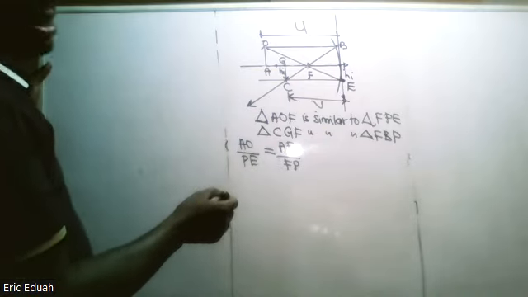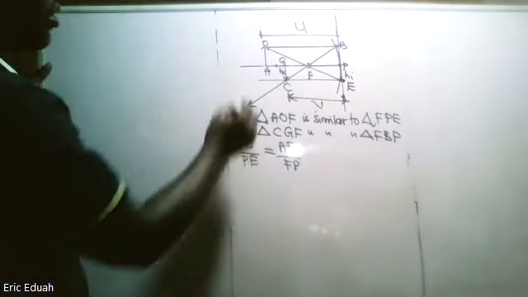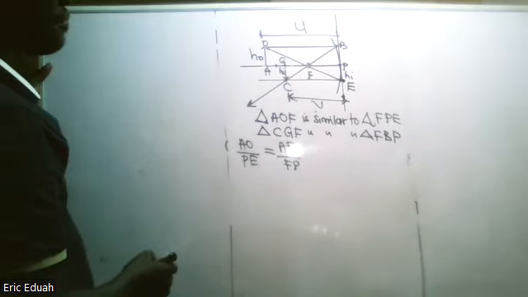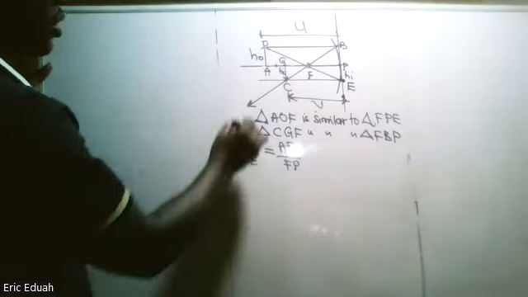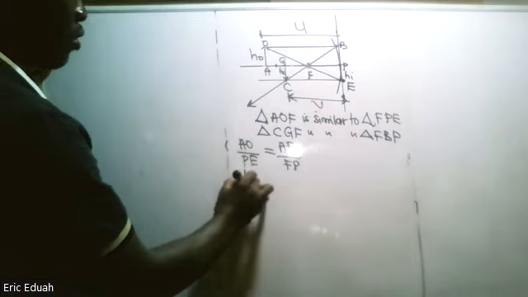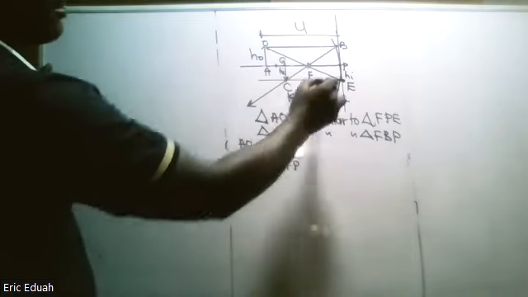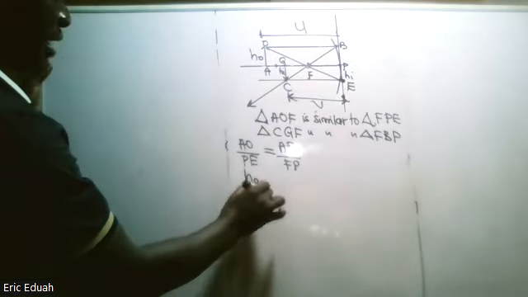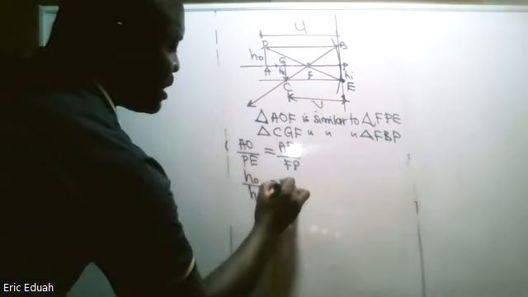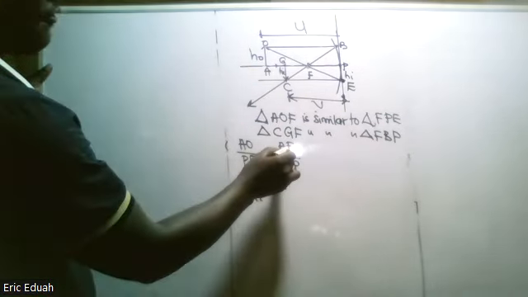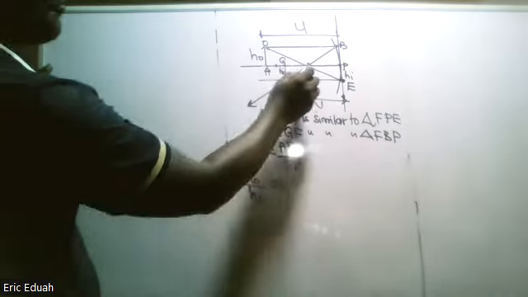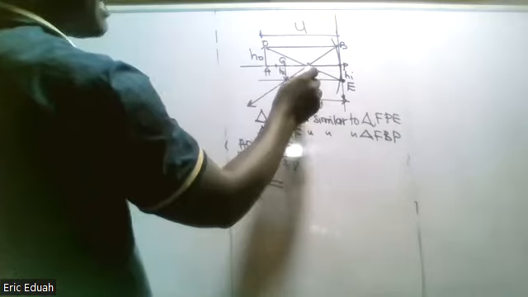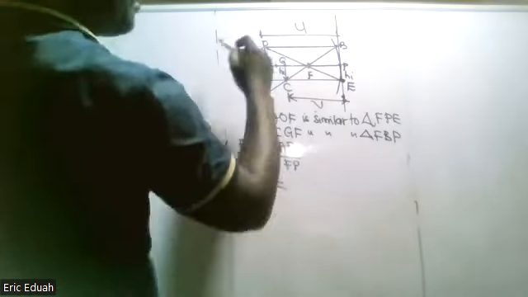Now, what is AO? AO is the object height HO. So HO over PE. PE is the image height HI. This must be equal to AF. What is AF? AF, we don't know. But one thing that we know is that AF plus FP is equal to the object distance.